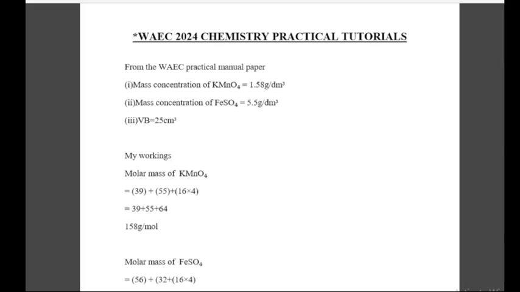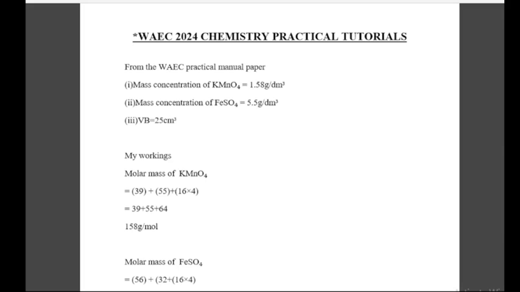Alright, the chemicals, the substances that we've been given to prepare or to work with this year are potassium permanganate, as well as the iron 2 sulfate. Those are the two substances that we have been told to make use of. And we can see the mass concentration of the two substances.